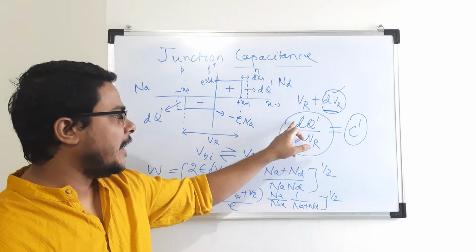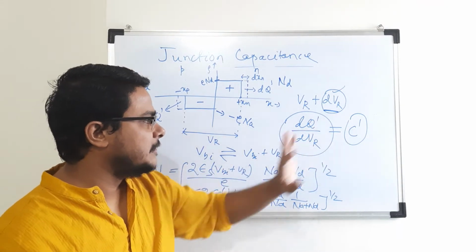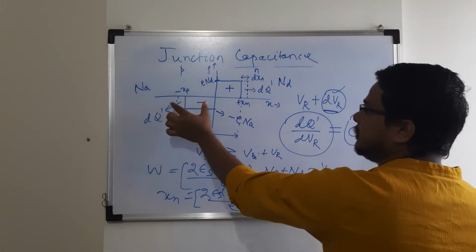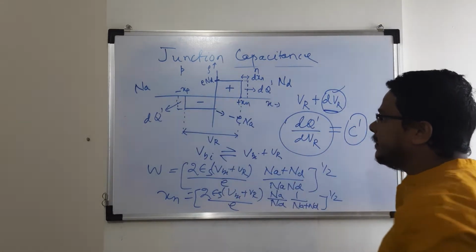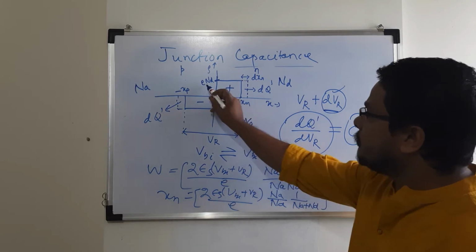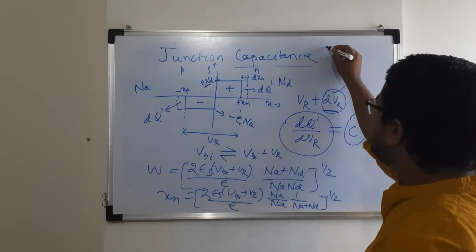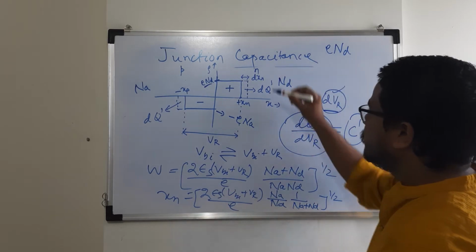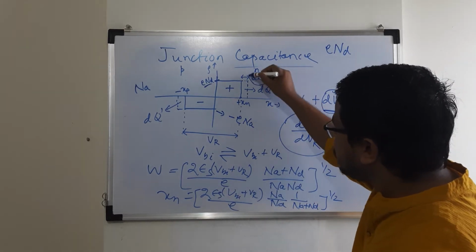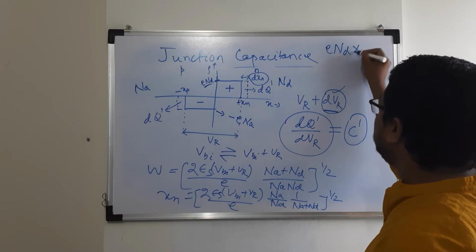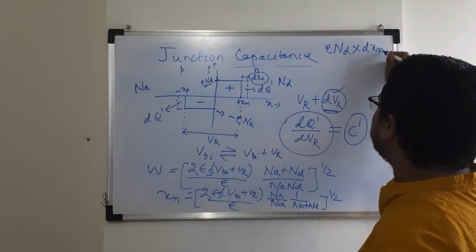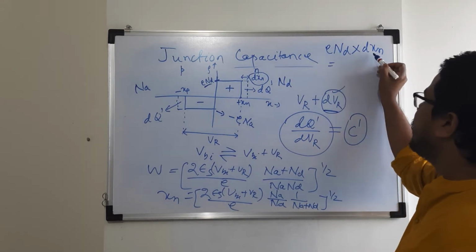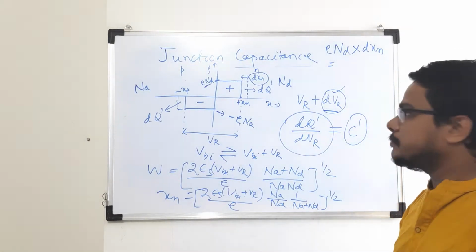Now how will I derive this C dash value? You can take either this side or this side. We have the volume charge density over here, eNd, that is charge per unit volume. Then we defined a small length, dxn. If I multiply with this dxn, that gives the charge per unit area, charge per unit volume multiplied by length.